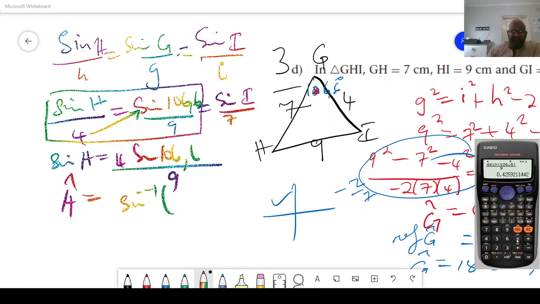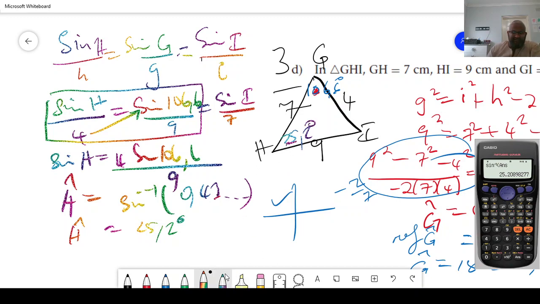That's going to give you 0.4 and the number carries on, 2 of course, and the number carries on. The arcsine of that, shift sine, that answer gives us 25.2 degrees. So h is 25.2 degrees. Okay, which is this.